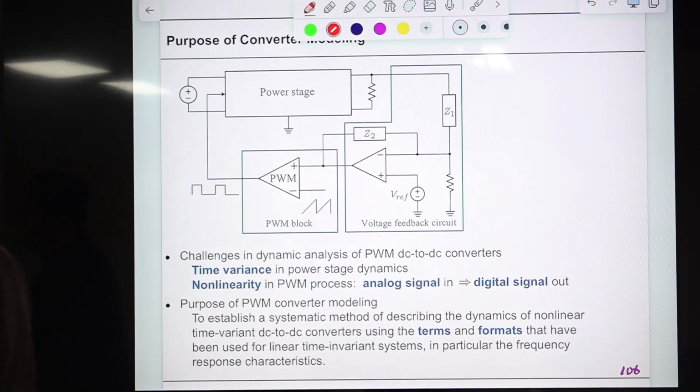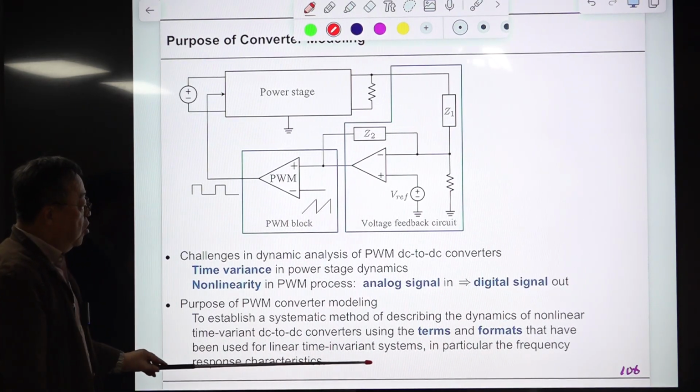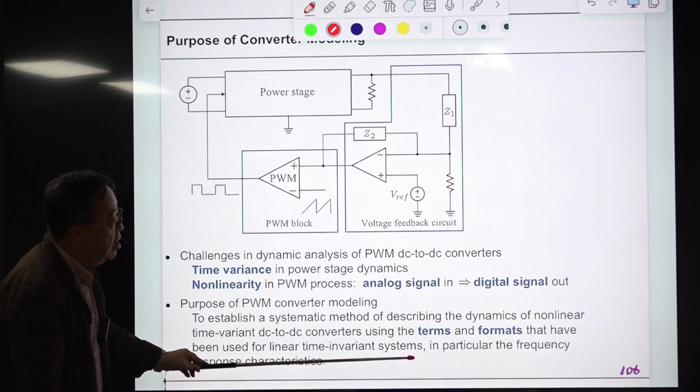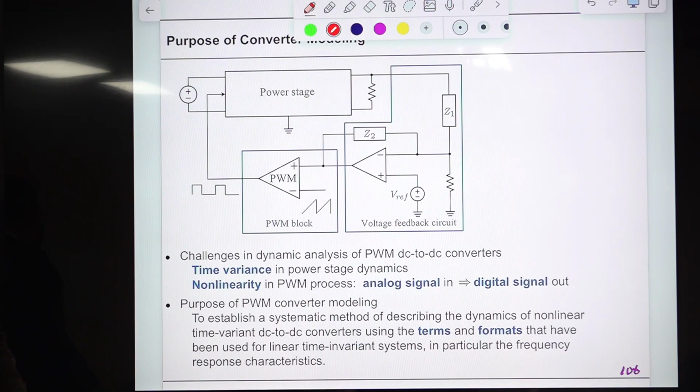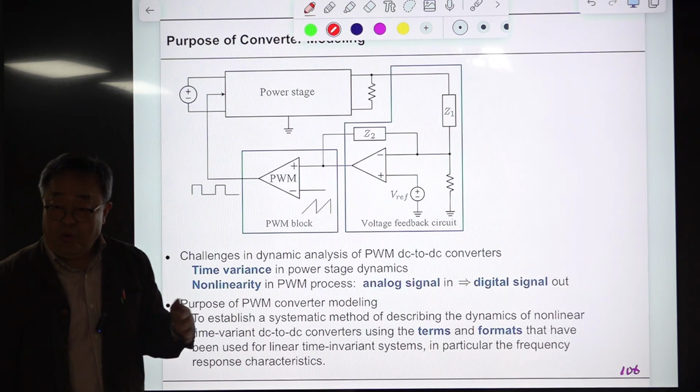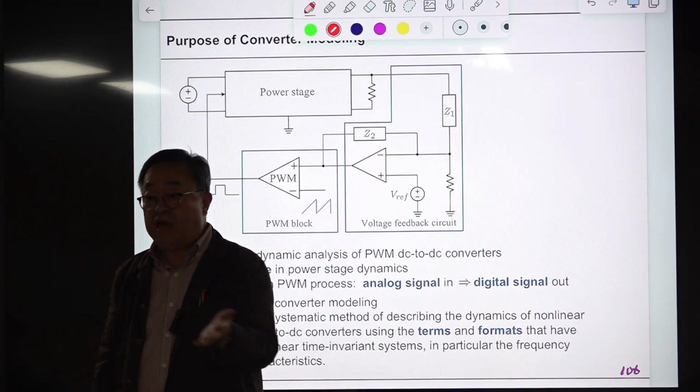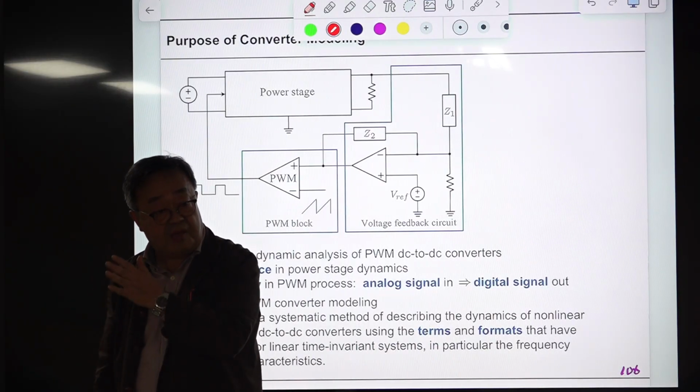I wrote it down here. We want to use the terms and the format that have been used for linear time invariant systems, in particular the frequency response concept. By deriving the model, we directly apply the frequency response concept to the PWM converter, because the frequency response provides all the steady state and dynamic information of a linear time invariant system.